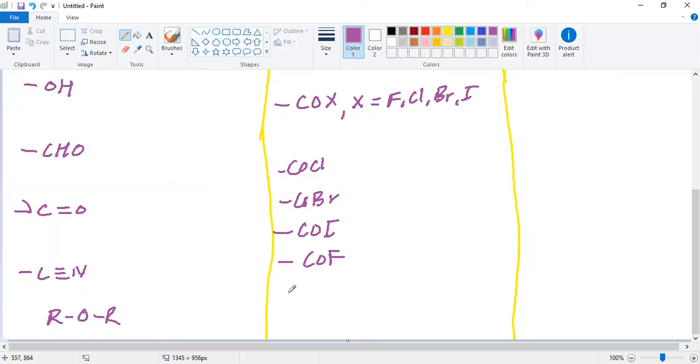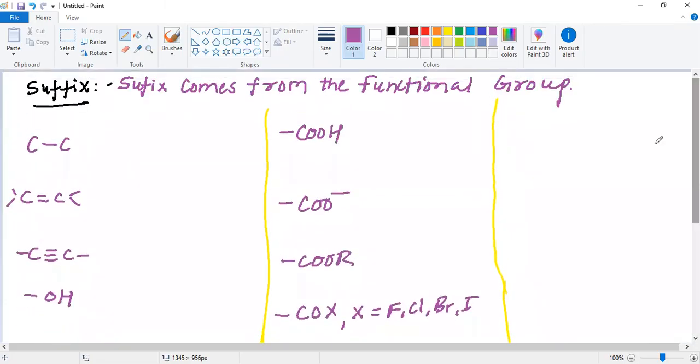We may have amines, so we may have either NH2, or NH, or, my dear students, we may have N. So that is what we have been studying about.